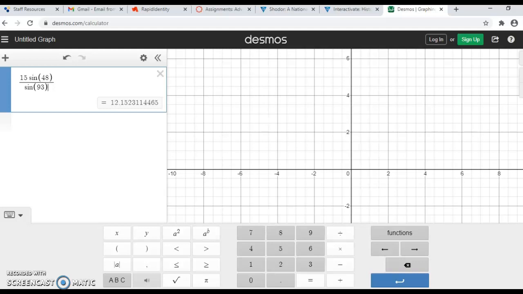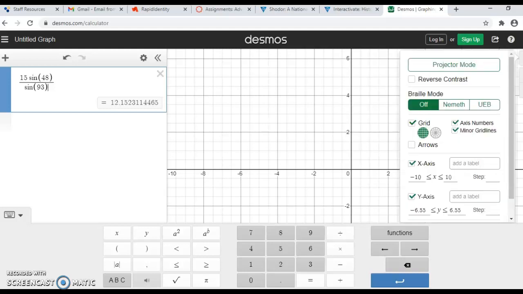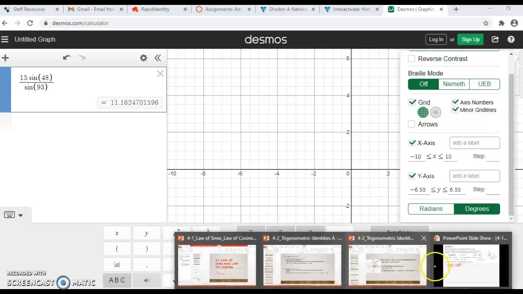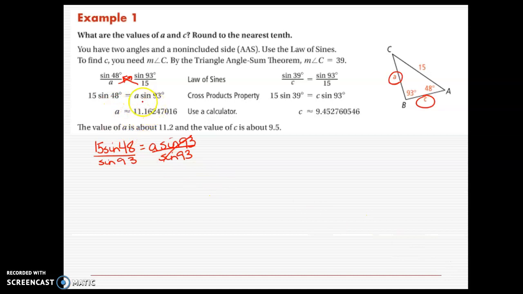I don't think that. I think it was 11.2. So let me check my settings. I'm in radians. Always check your settings if you are in degrees. There we go. Our answer is actually 11.2, which is what we have here, 11.2.